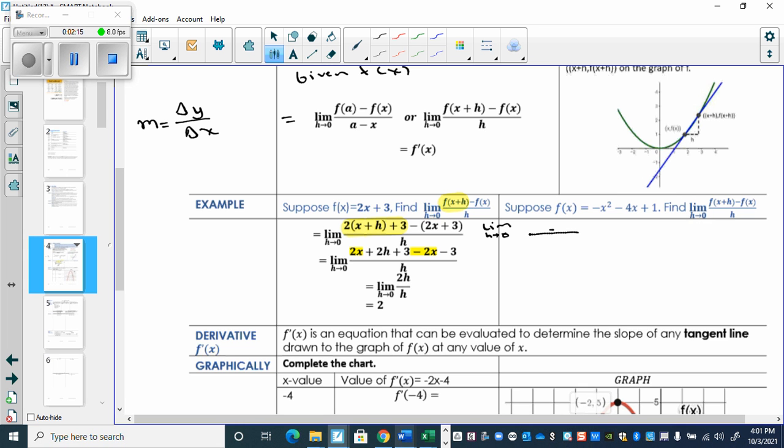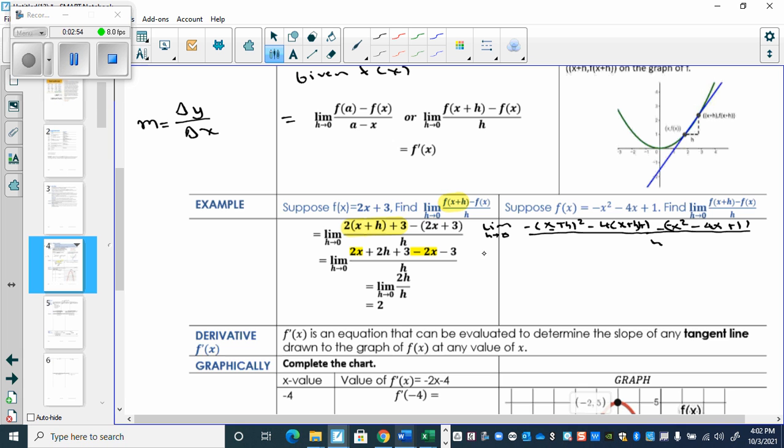And then on the top, addressing x plus h here, I have negative quantity x plus h squared minus 4 times the quantity x plus h, plus 1. Making sure I do all my parentheses. And then I'm just going to write the function as is. Negative x squared minus 4x plus 1 over h.